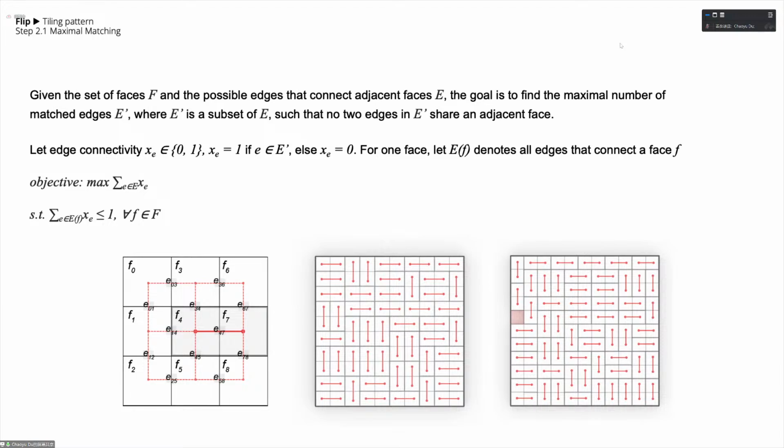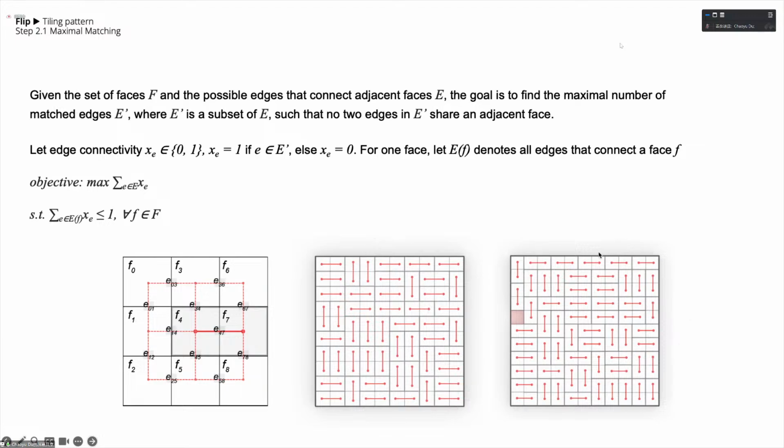And we formulate this as a mixed integer programming problem, and our goal is to maximize the pairs of adjacent faces to generate as many ties as possible. So given a set of faces F and the possible edges E that connect adjacent faces, we want to maximize the matched edges, which is E hat.